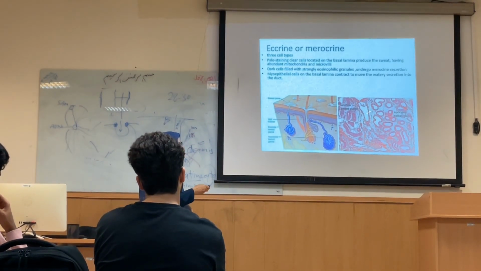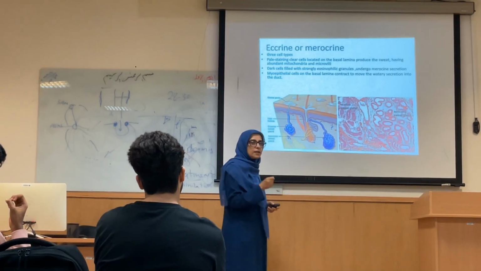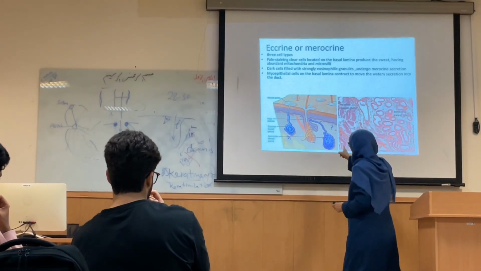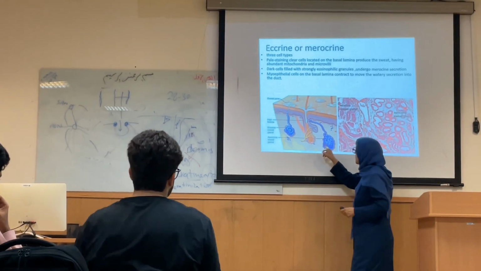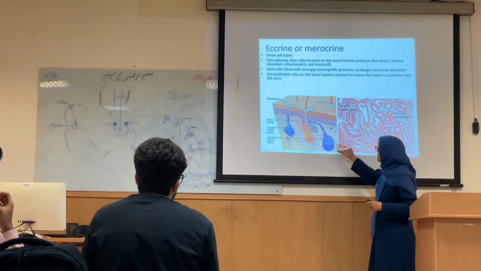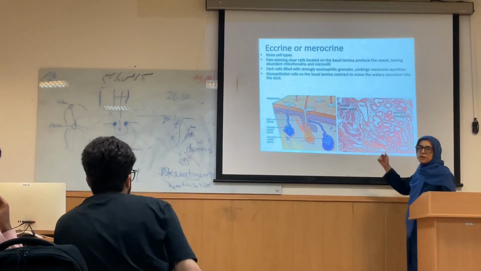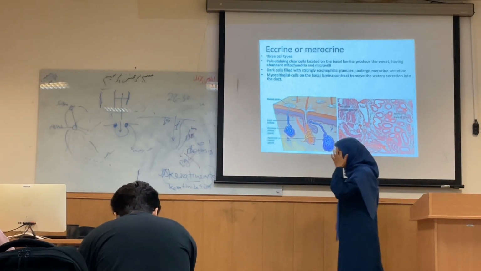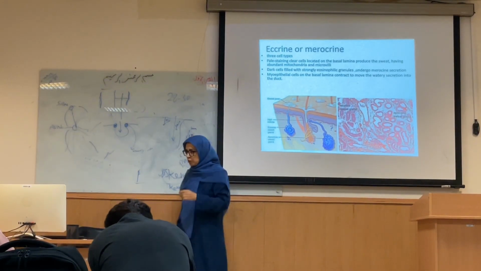Under the microscope, you can find lots of transverse sections of them. When the knife passes through here, you can see lots of round structures that show us the sweat glands under the microscope.